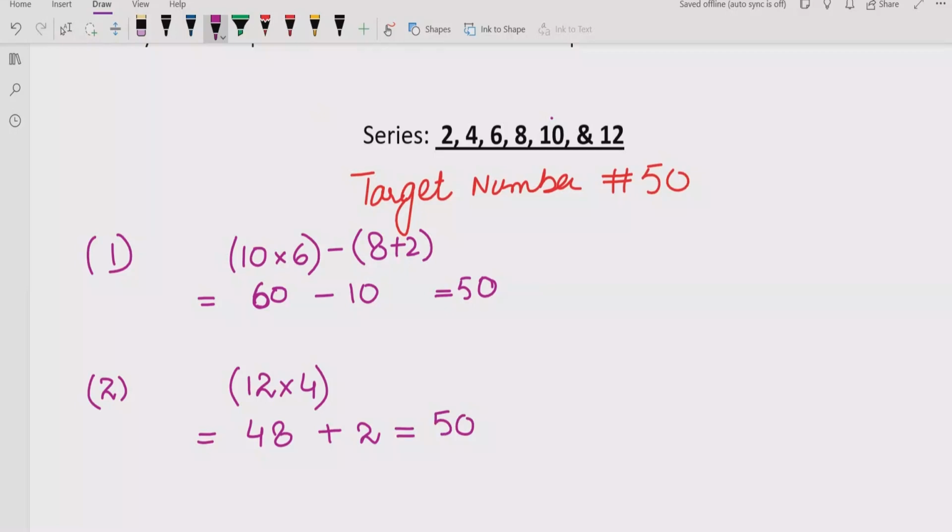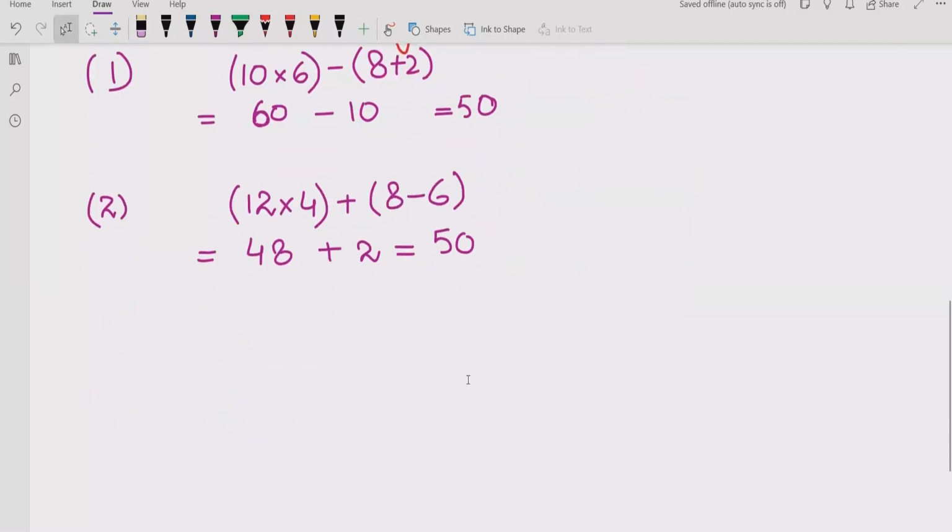Here we can use the plus sign because we did not use plus before. Now we take another pair of numbers, 8 and 6, like 8 minus 6, and we get the answer 2. So if we add 48 plus 2, we get the answer 50.